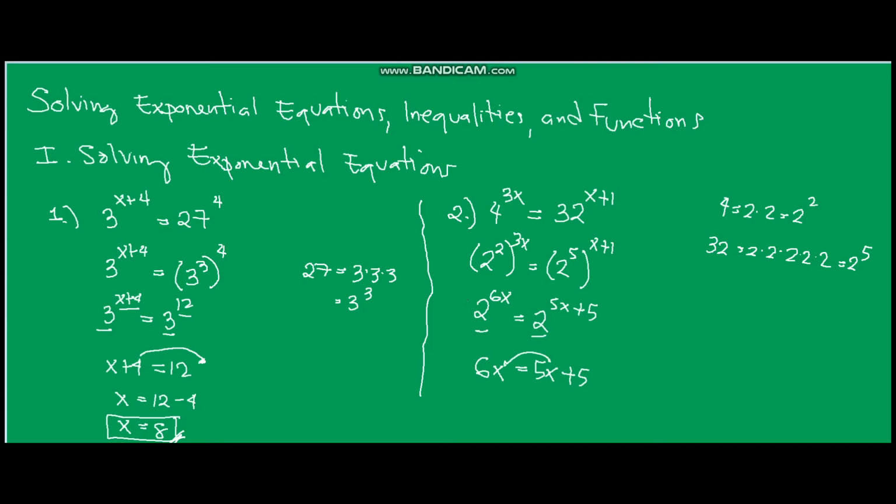Then solve for x, I can transpose 5x dun sa right side, which gives us 6x minus 5x equals 5. So, 6x minus 5x is x equals 5. So, there you have it. So, that's how you answer exponential equations.